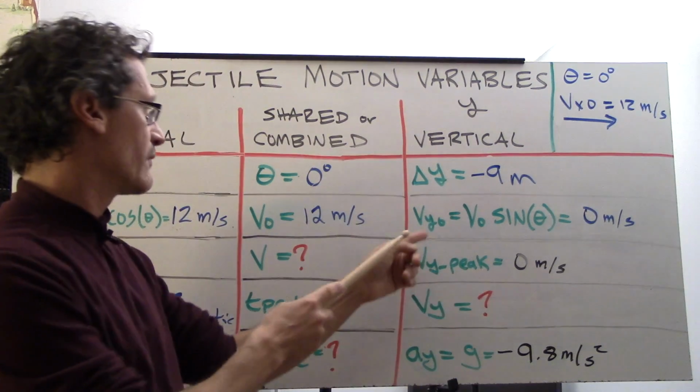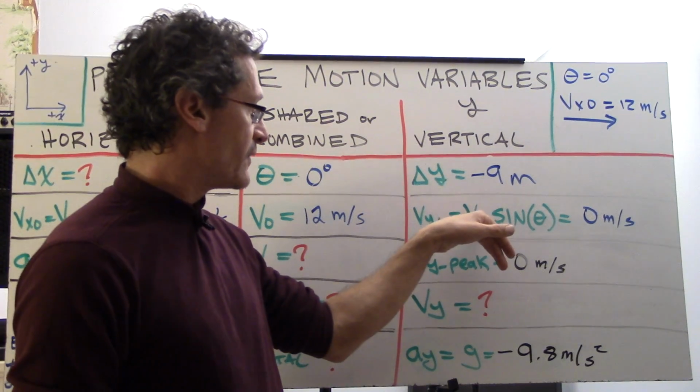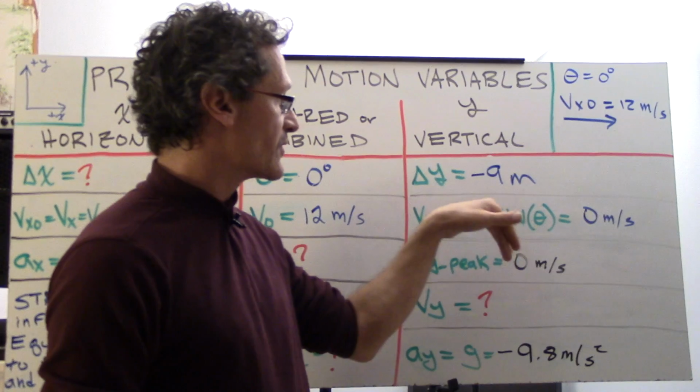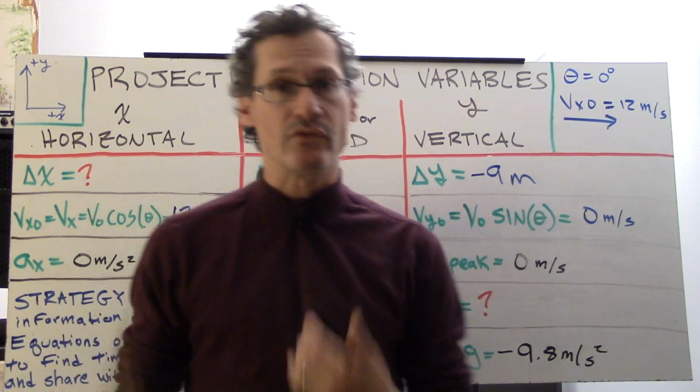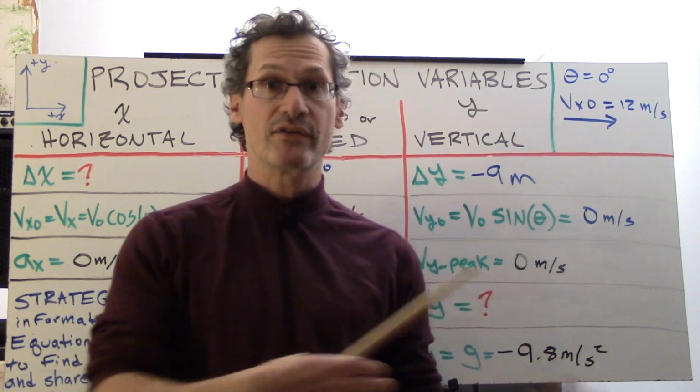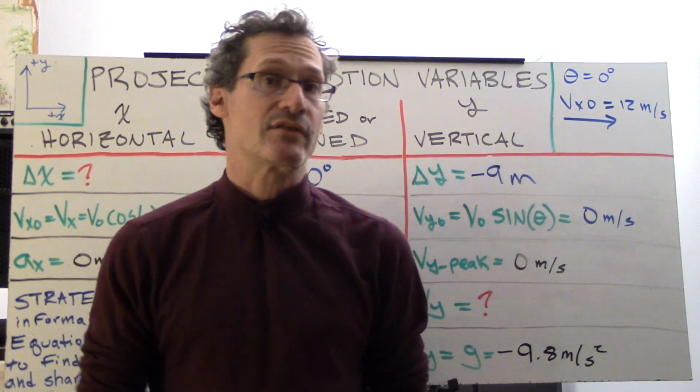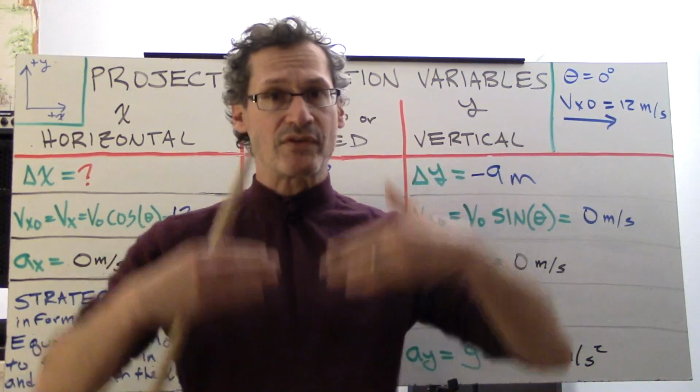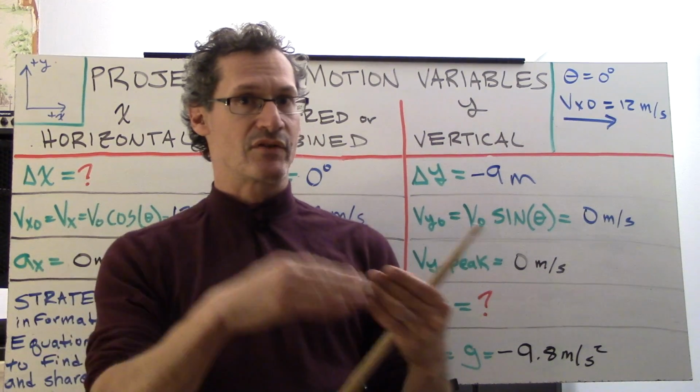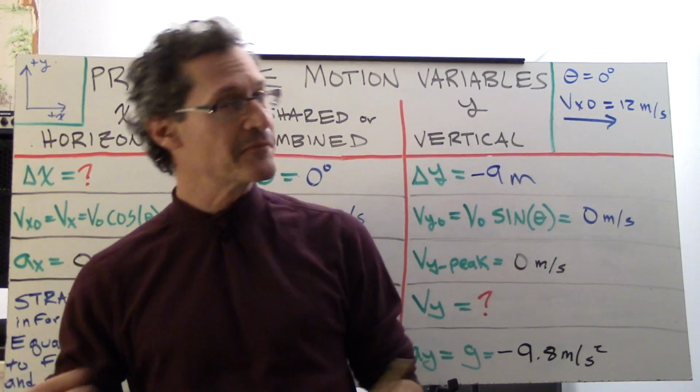Whereas Vy naught is V naught times the sine of the angle. Sine of 0 degrees is 0, and so there's no vertical motion until we leave the cliff. And that makes sense because the surface is supporting that object that's rolling, in this case, the Flugtag machine.